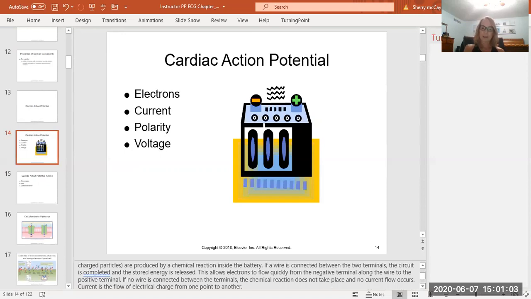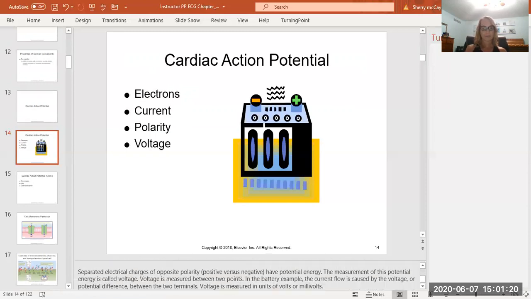Does that kind of make sense? If no wire is connected between the 2, the chemical reaction does not take place and no current flows across, okay? Current is the flow of electrical charge from one point to another. Separated electrical charges of opposite polarity, positive versus negative, have potential energy.